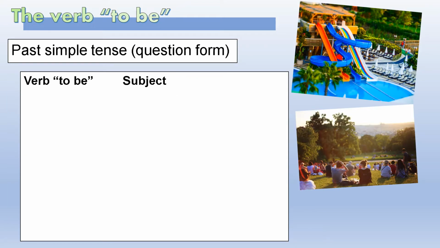The past simple tense question form has the verb to be at the start of the sentence, followed by the subject. So, was I at the park? Were you at the park?